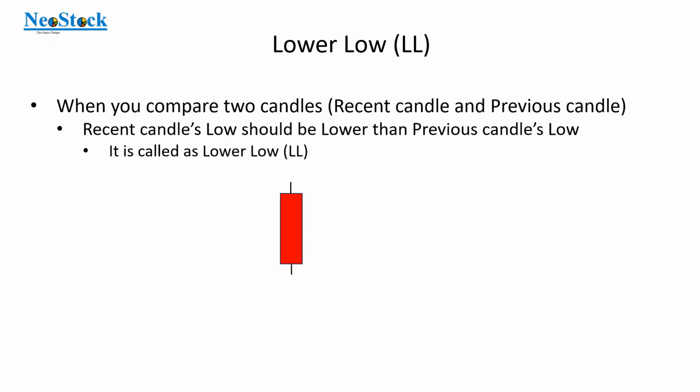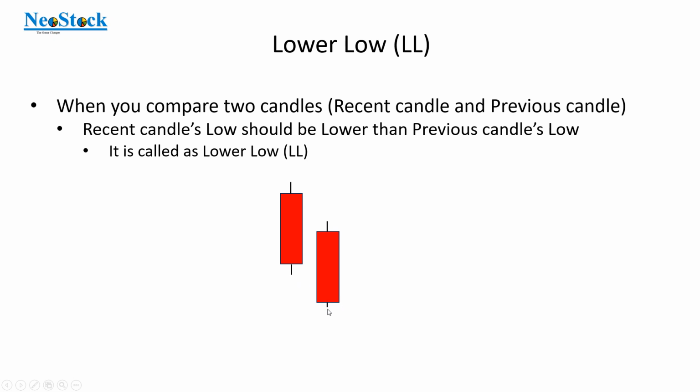So compare these two candles. This is the present candle and this is the previous candle. Present candle means recent candle. So this recent candle's low and previous candle low we are comparing. When you are comparing both these lows, is the present candle's low higher or lower in this example?